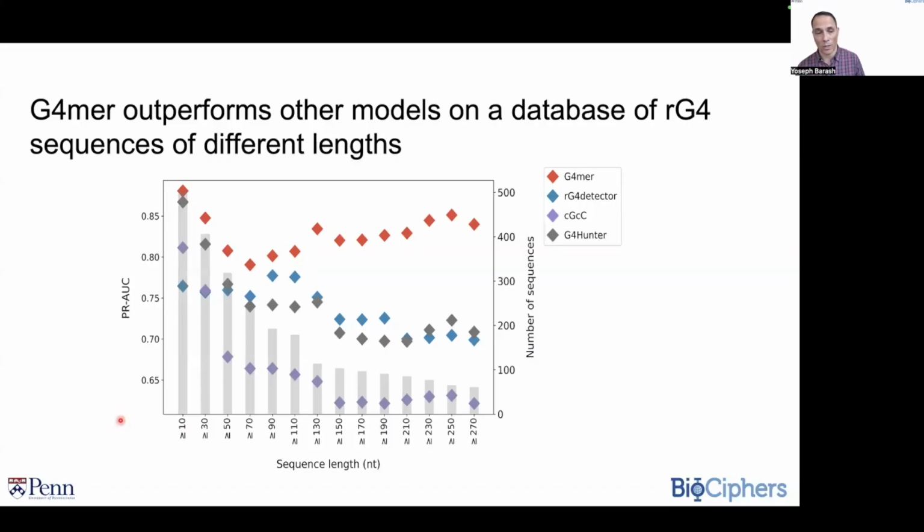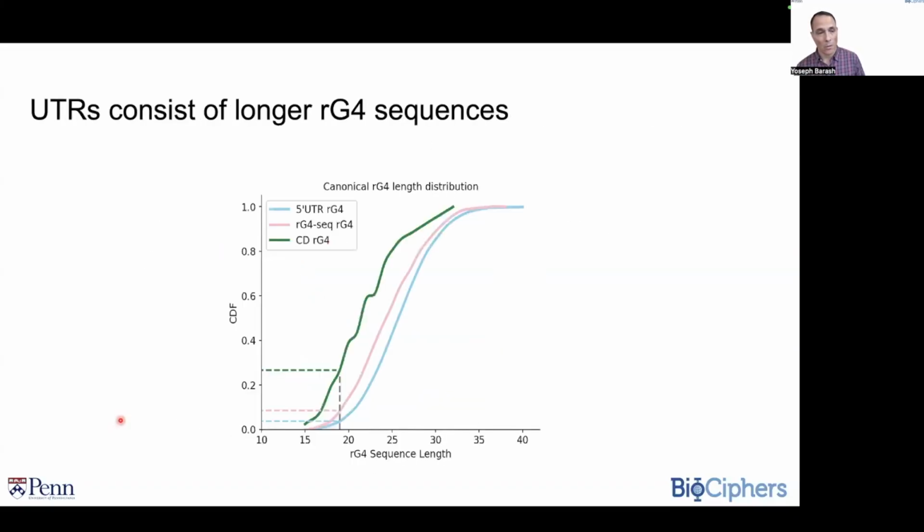So we went and looked at that. And what we saw is a very big shift, right? Although people like to test short sequences, the distribution of length shown here as a CDF for circular dichroism experiments that have been collected through decades of research is very much shifted to the left. They tend to be significantly shorter than the ones identified by RT-stop, and even more so than the ones that we find naturally occurring for canonical RG4s in the 5' UTR.